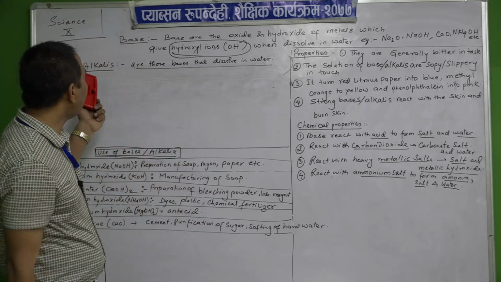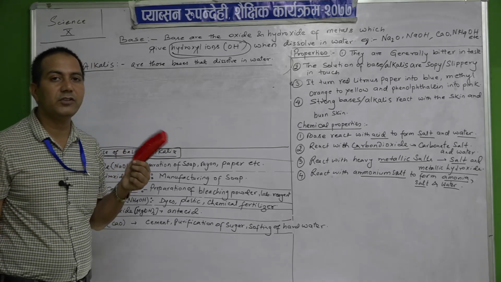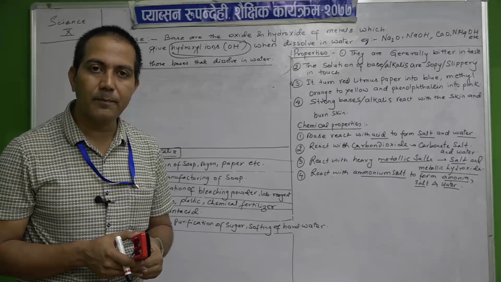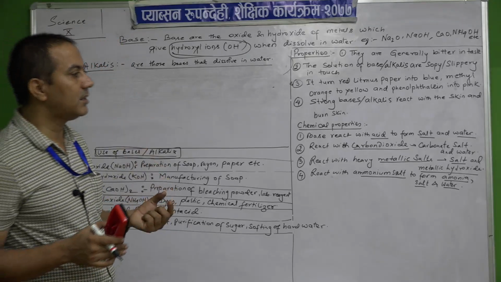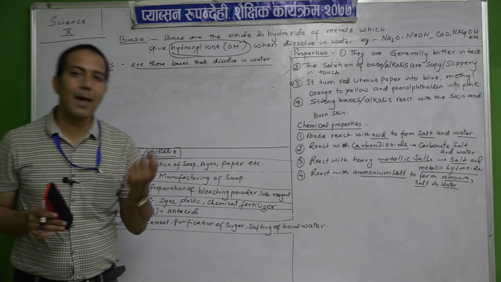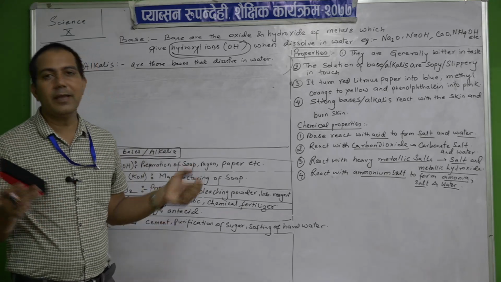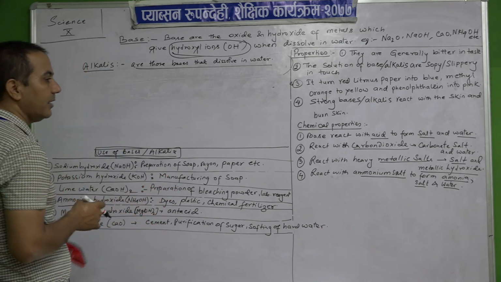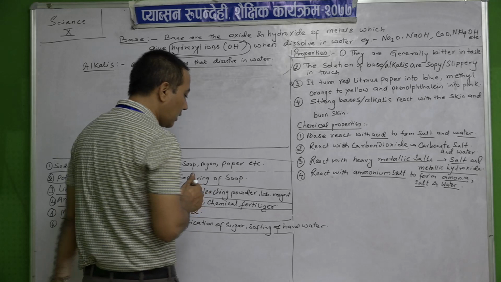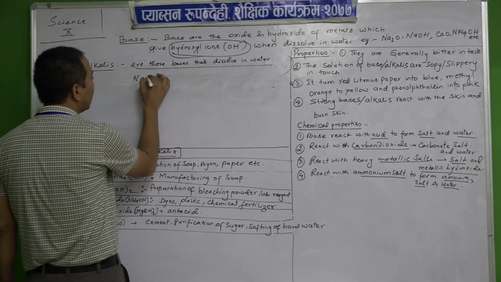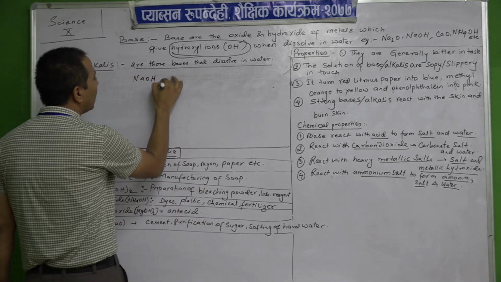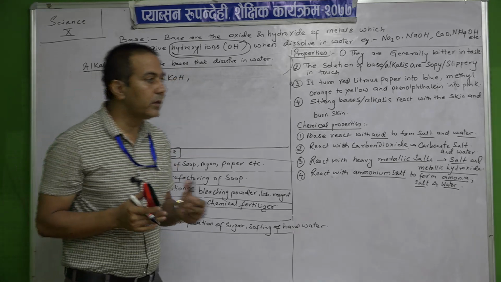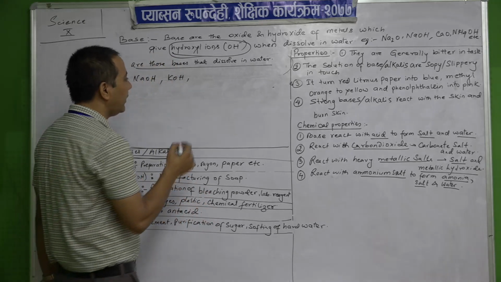If alkali means those bases which dissolve in water, that means not all bases will dissolve in water. Among the bases which are capable of dissolving in water, they are called alkalis. Like sodium hydroxide, potassium hydroxide.